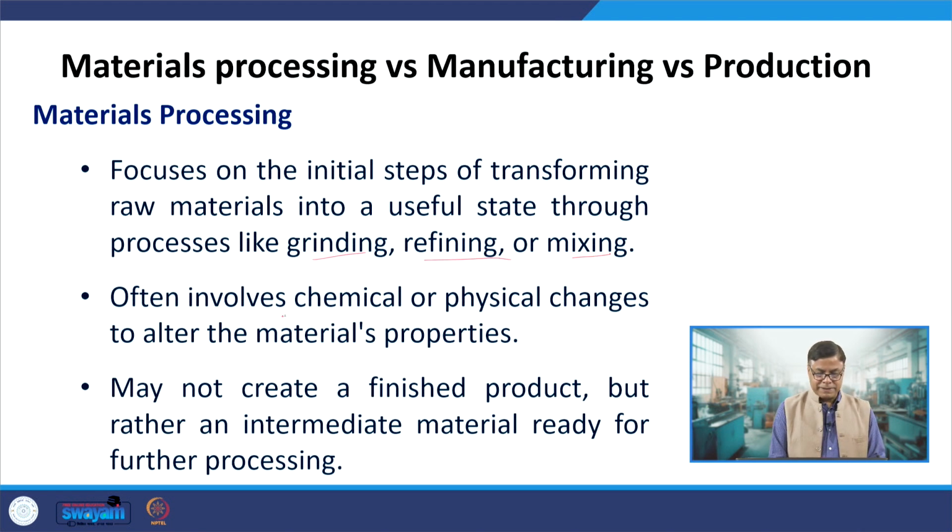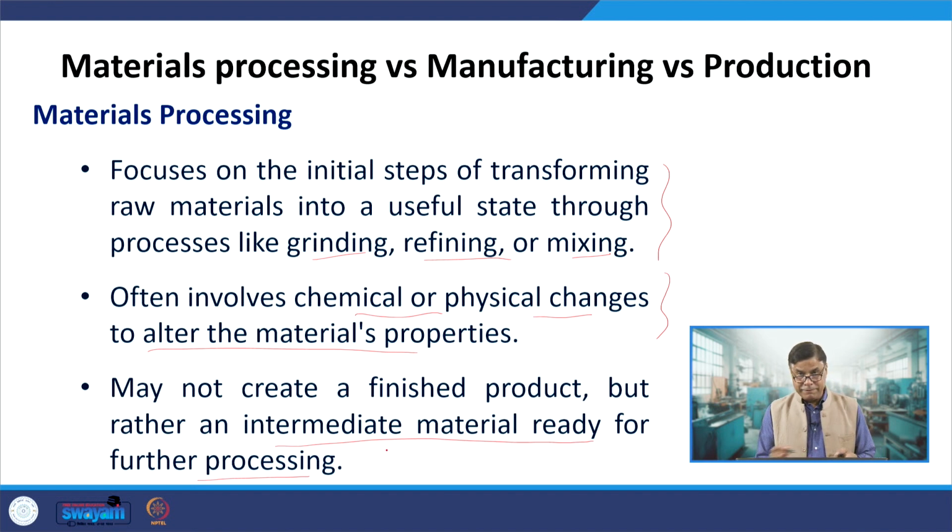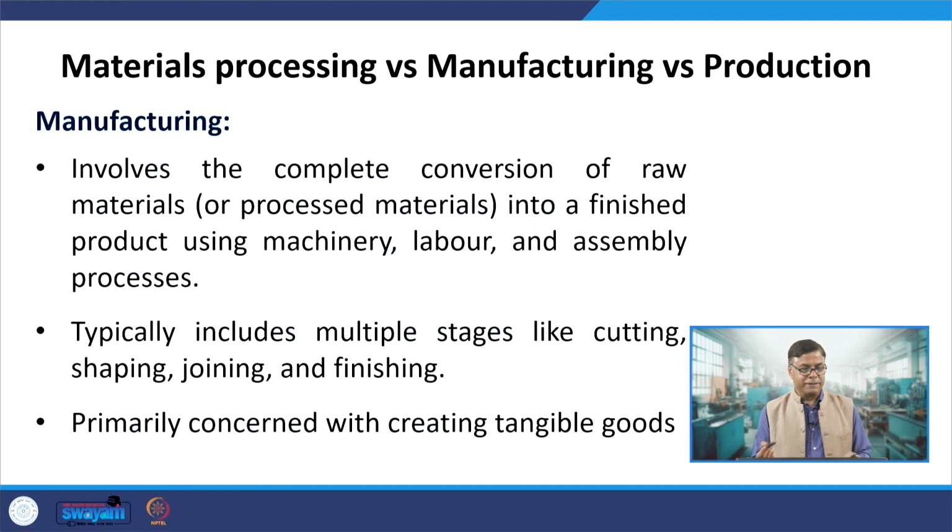Often, material processing involves chemical or physical changes that alter the material properties, and it may not create a finished product, but rather offers an intermediate material ready for further processing. So, it transforms the raw material into a useful state, brings changes in material properties, and offers the material in an intermediate condition, which can further be processed for making products.